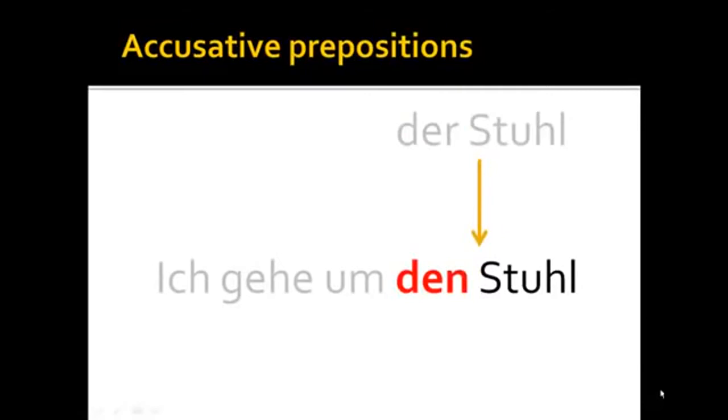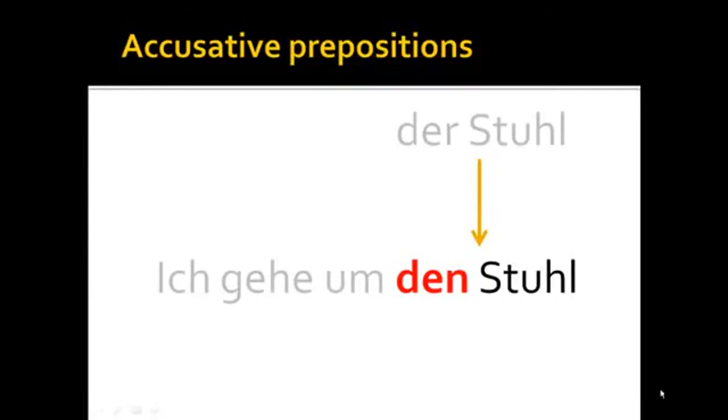So, what accusative prepositions do is, generally, it's not the verb that affects the noun. Like I mentioned before, you can't say, I go the chair, ich gehe den Stuhl, but it's the preposition that affects the noun.